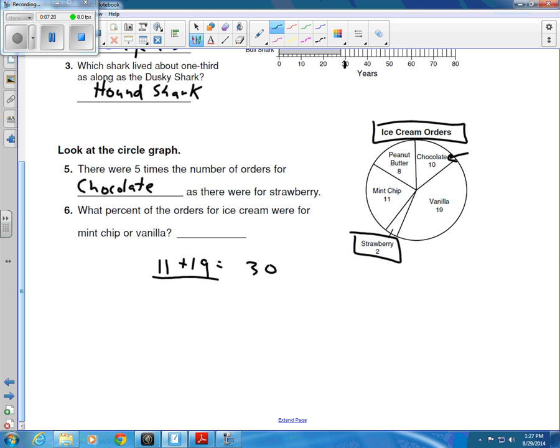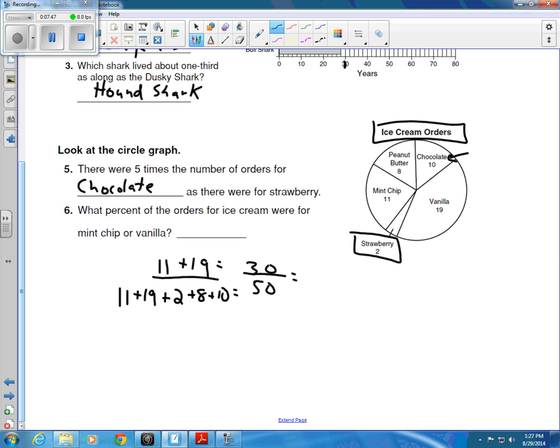The whole would be how many total ice cream orders there were. So we have not only our mint chip and our vanilla, but we also have our strawberry, our peanut butter, and our chocolate. If I add all those together, I get 50.